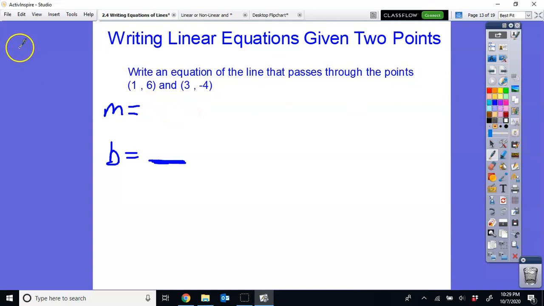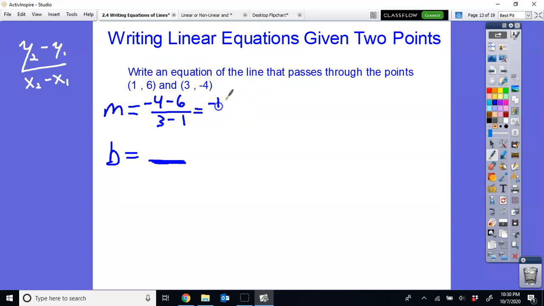Now, for those of you that don't remember the slope formula, I'm going to write it down: y2 minus y1 over x2 minus x1, the change in y over the change in x, or rise over run. So now we can do -4 minus 6 over 3 minus 1. y2 minus y1, x2 minus x1.